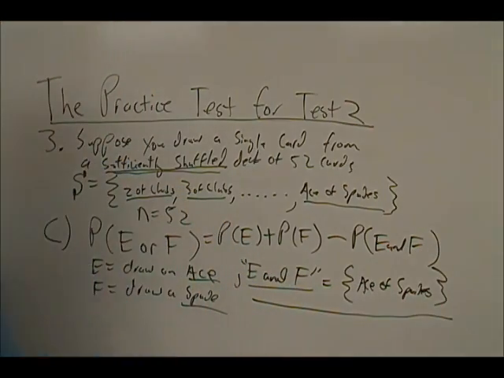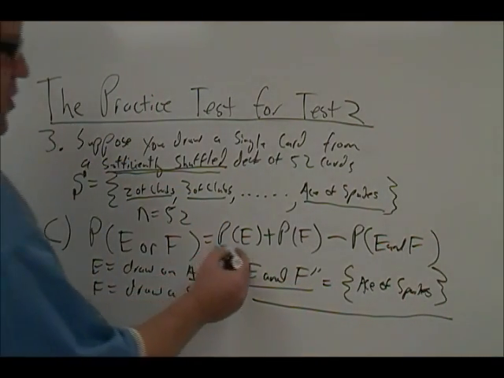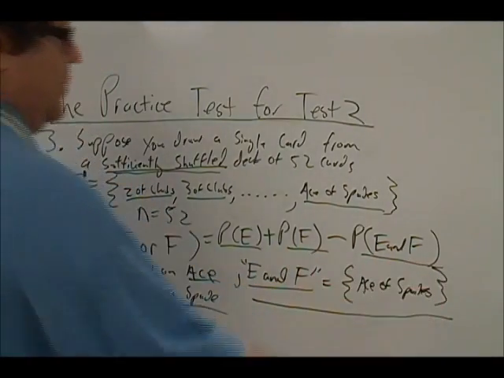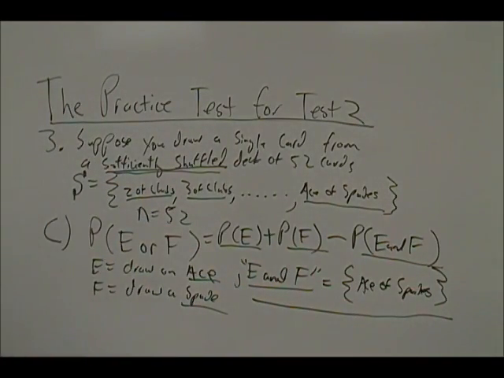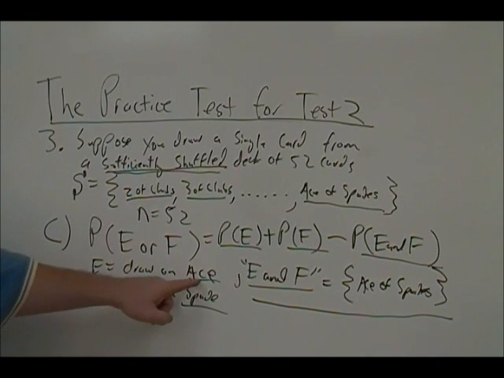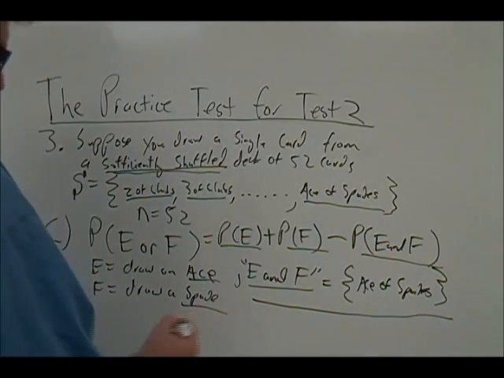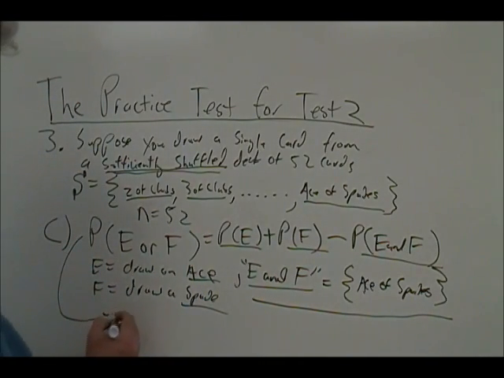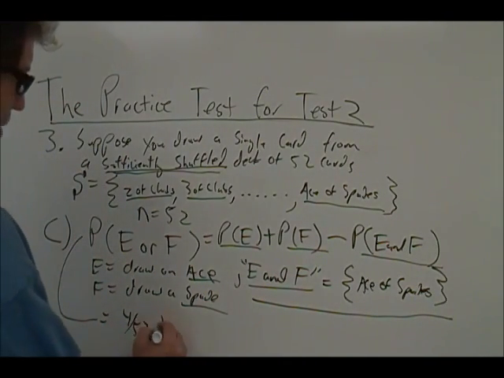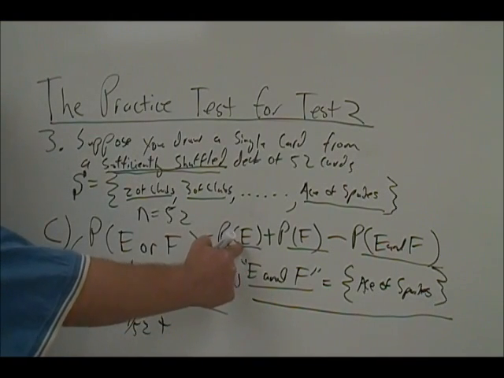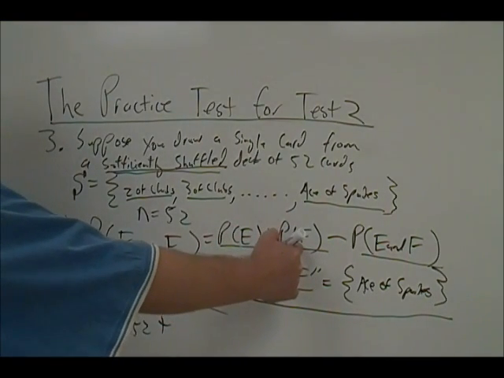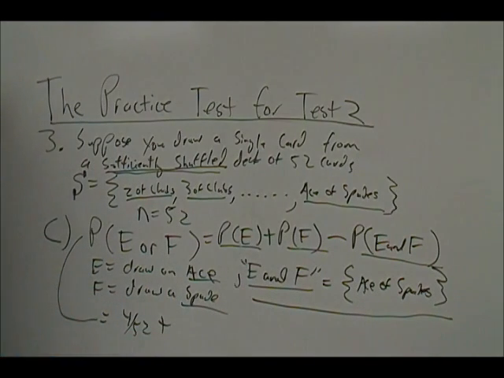So according to Formula 1D, we have to use a slightly more general version of the addition rule. We already know the probability of E is 4 over 52. And so this ends up equaling 4 over 52, which is the probability of getting an ace, plus what's the probability of getting a spade?